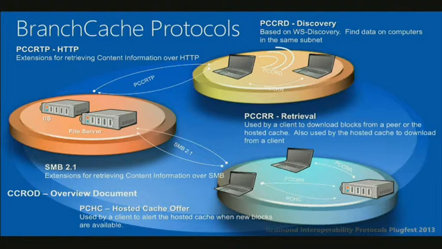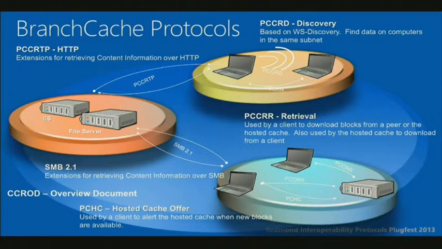Now, since this is an Interop Plugfest, I wanted to highlight what the different protocols are, and I apologize for the alphabet soup of the protocols here. I'm sure if you're used to dealing with Microsoft protocol documentation, you've seen these before. So we have PCC as the prefix for all of these.